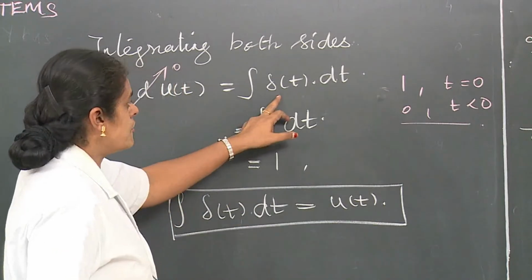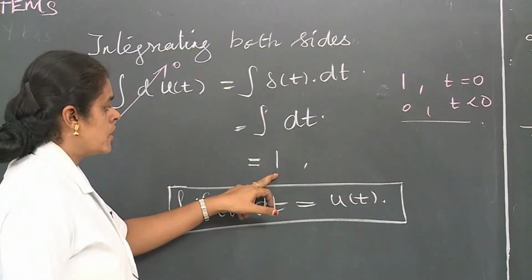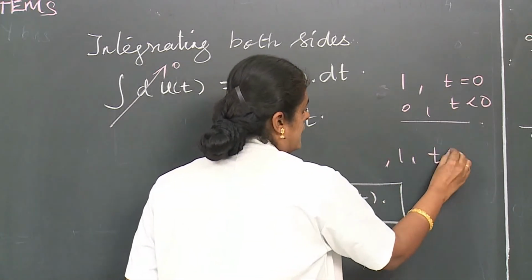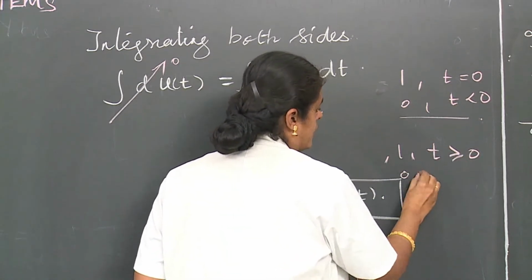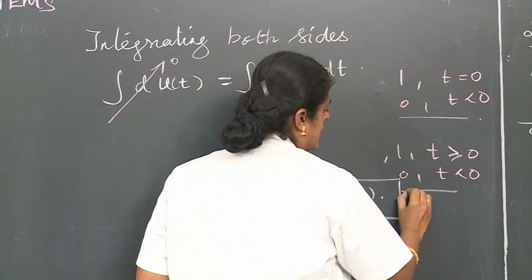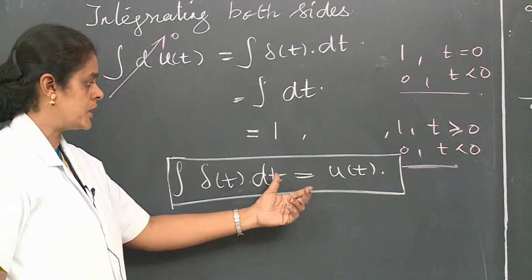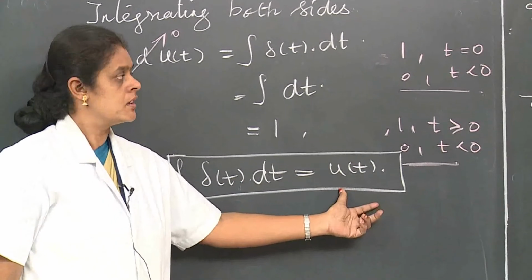So integration of del of t is equal to 1 for t greater than or equal to 0 and 0 for t less than 0. This is the unit step signal. So integration of del of t equals the unit step signal.